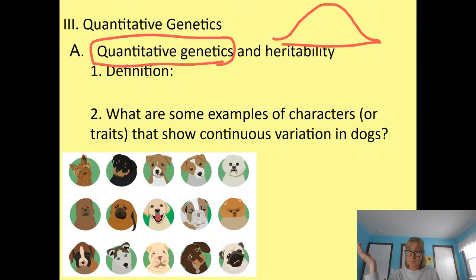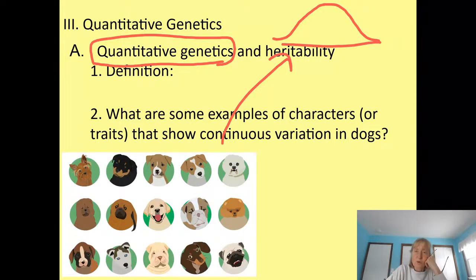Oh, maybe other behaviors, other personality traits like boldness or fear, curiosity, maybe intelligence or trainability. Those all would be characters that fit our example of showing continuous variation, right?